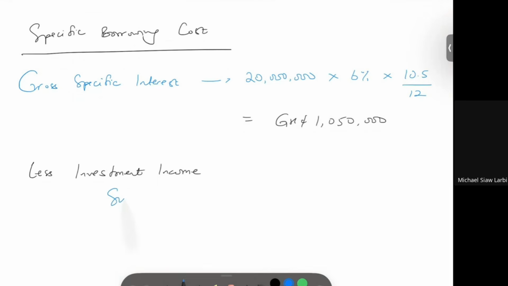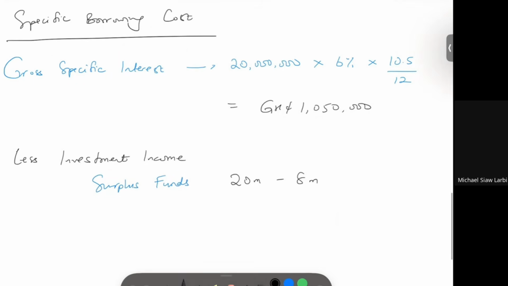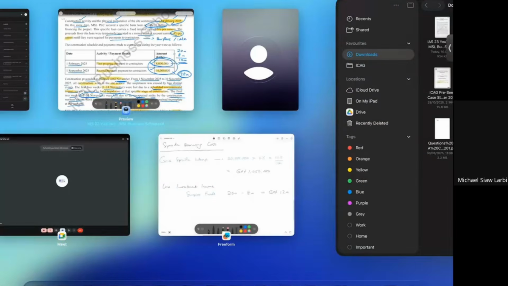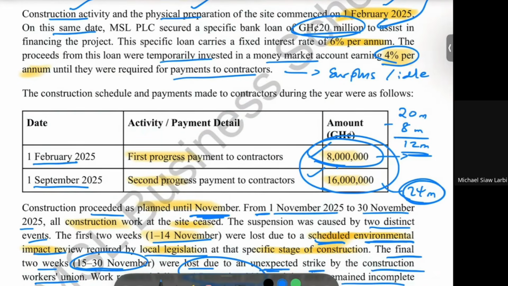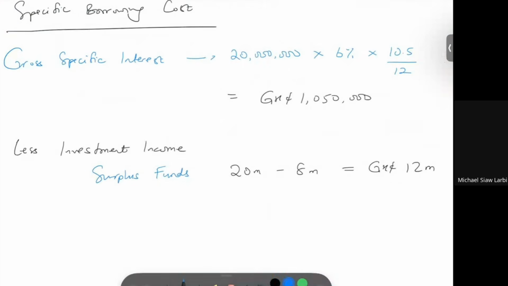Our surplus funds will be the total of 20 million minus the 8 million, which they spent in February, giving us an amount of 12 million Ghana cedis to be invested. The next time we needed the money was 1st September, meaning from February to August the money was not used, so we had to what? Go and invest it.